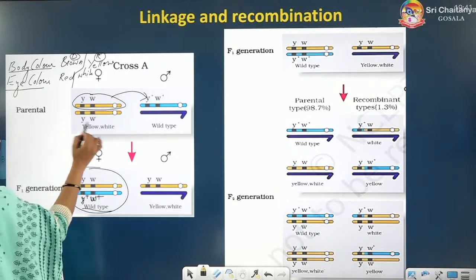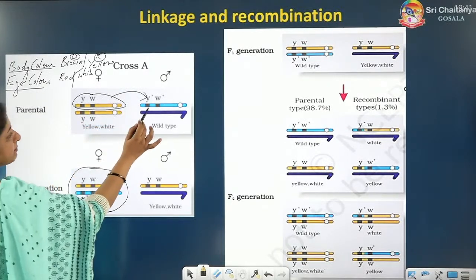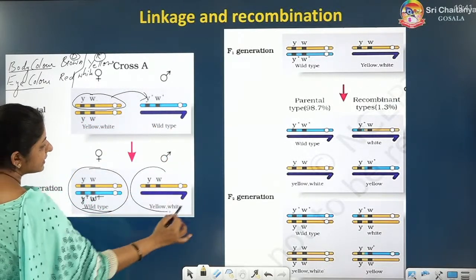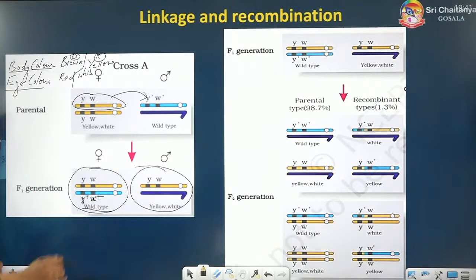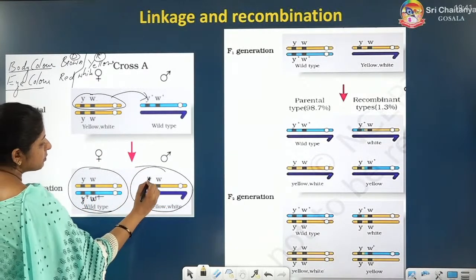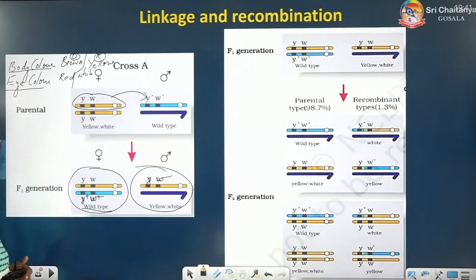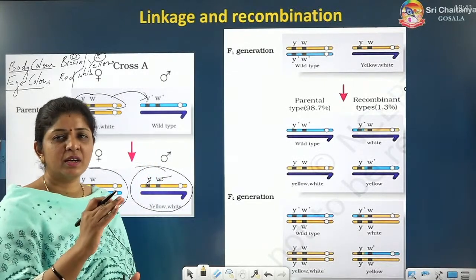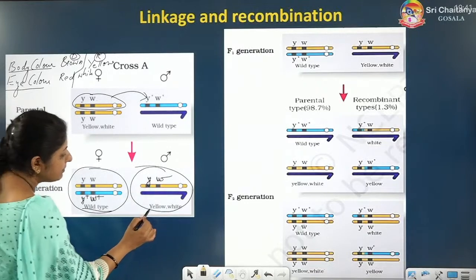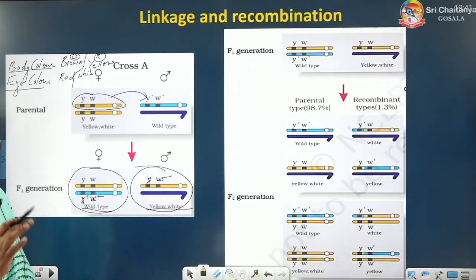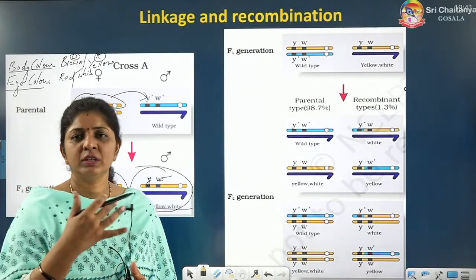Now if this X or this X is combining with Y, can I say we get the male progeny? But both are what thing here? Small y and small w. They are not having plus. Can I say it is having phenotype yellow and white? Yellow for body color, white for the eye color.